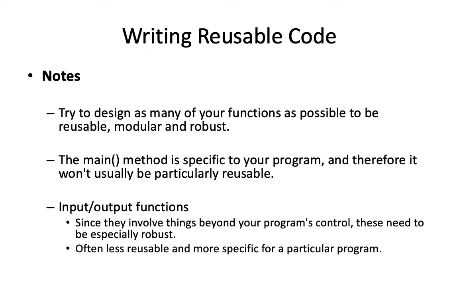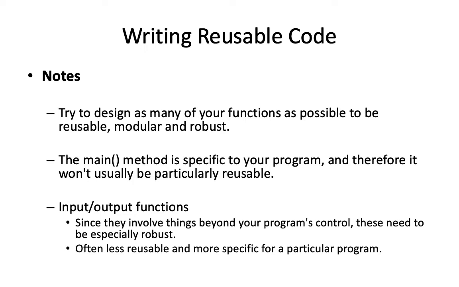Now, input and output functions are also a little bit special. They usually involve things like input from the user or maybe from other files. And a lot of times when a user types in stuff, they might try typing in gibberish or garbage values. Sometimes they'll be typing in good values, and you may not know right away, a priori, whether they'll be typing in good values or bad values.